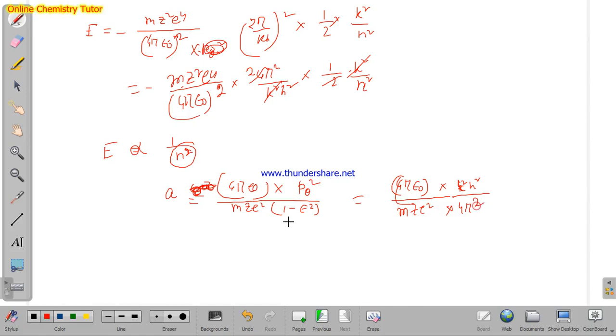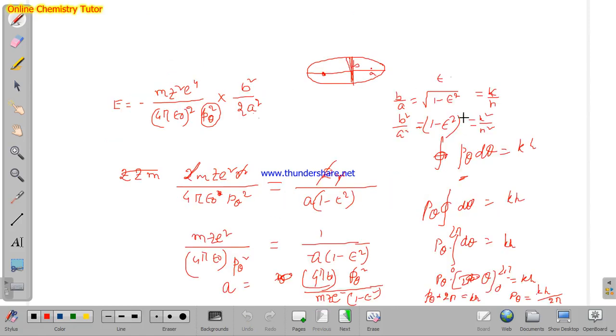And what is the value of 1 minus epsilon square? It is equal to k square by n square, so 1 over that is n square by k square.